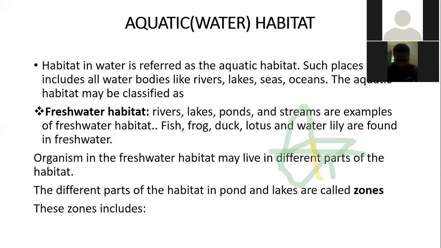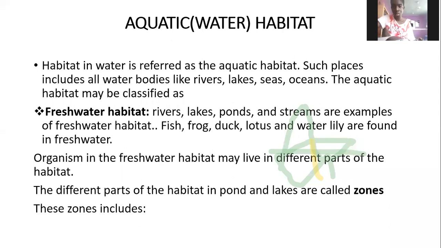Now, this aquatic habitat is divided into 2 portions. So, in a way, there are 2 types of aquatic habitats.